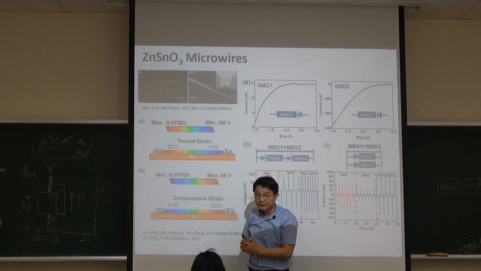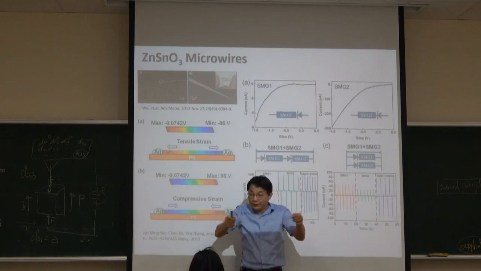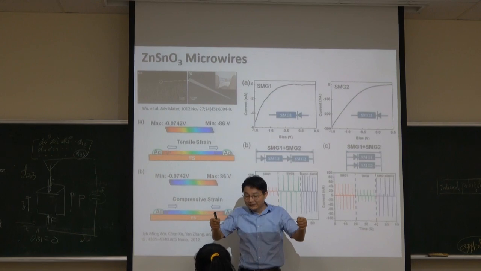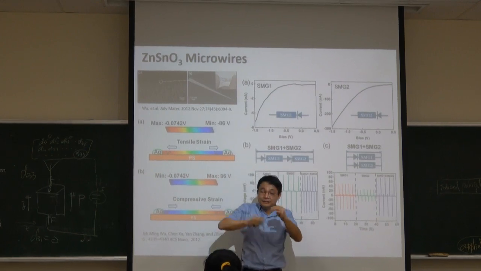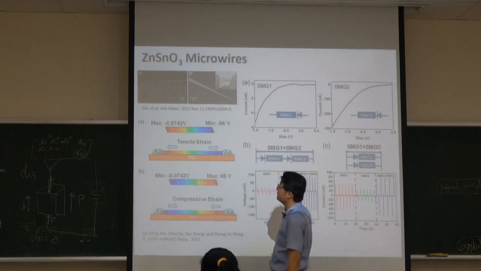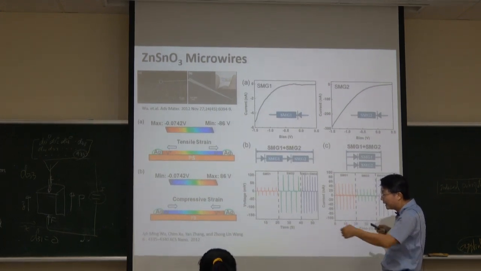For example, if tensile gives positive 10, compressed will become negative 10. This is the definition. Now there is also size: a bigger size has a larger output value.